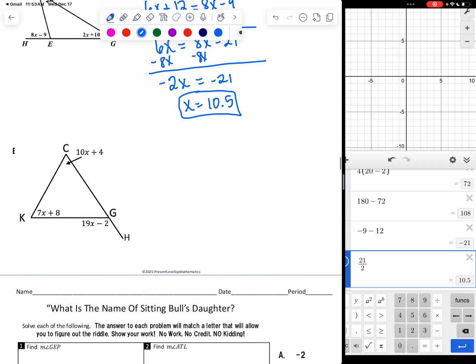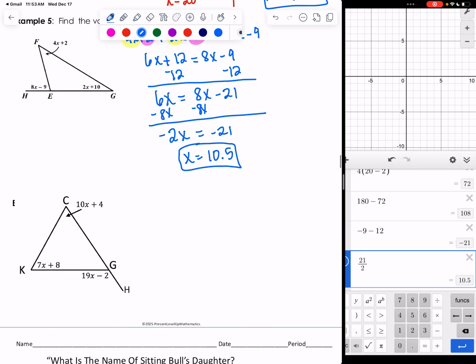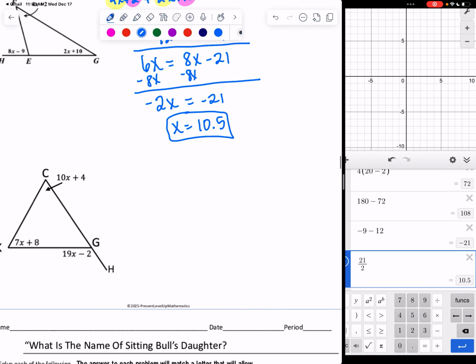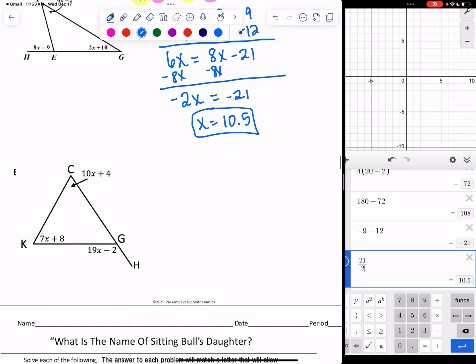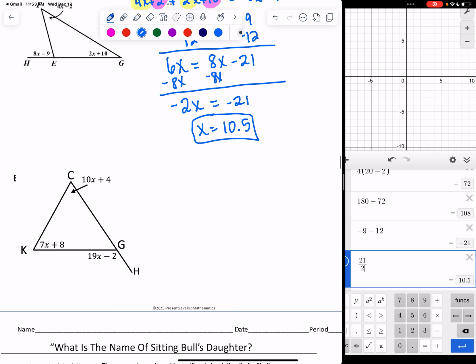All right, last example. In this problem, we're going to be finding the measure of this angle here. So I'm going to take my 10x plus 4 and add it to 7x plus 8, and that's going to equal my exterior angle, which is 19x minus 2.